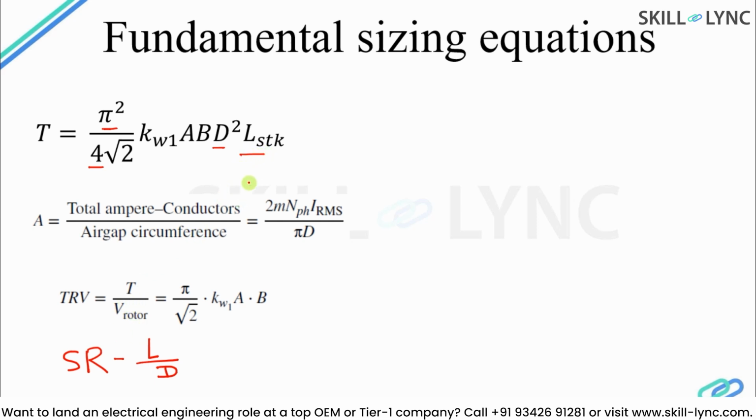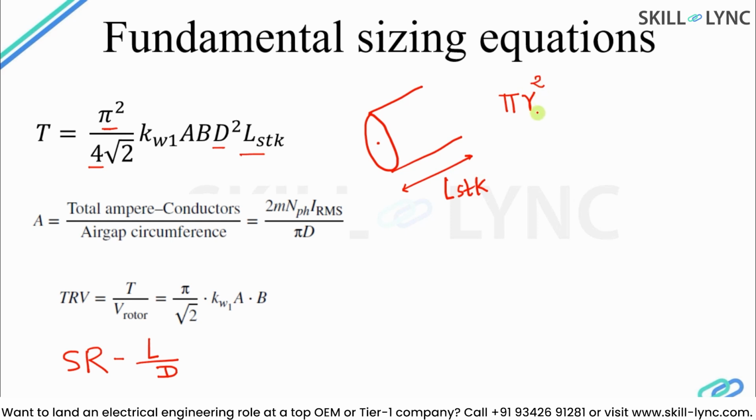So basically the volume of a rotor, which is going to be like a cylinder like this, with length L stack over here and diameter D, we can have the volume of this cylindrical construction as pi r square, which is basically pi into D square by 4.